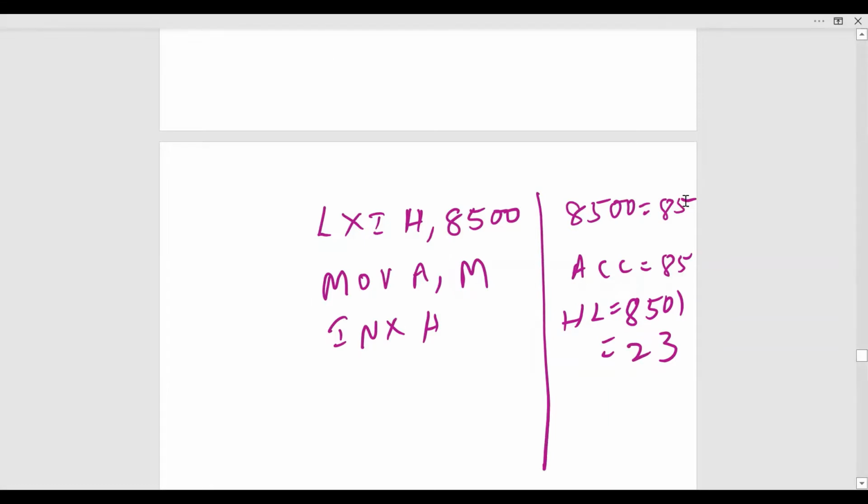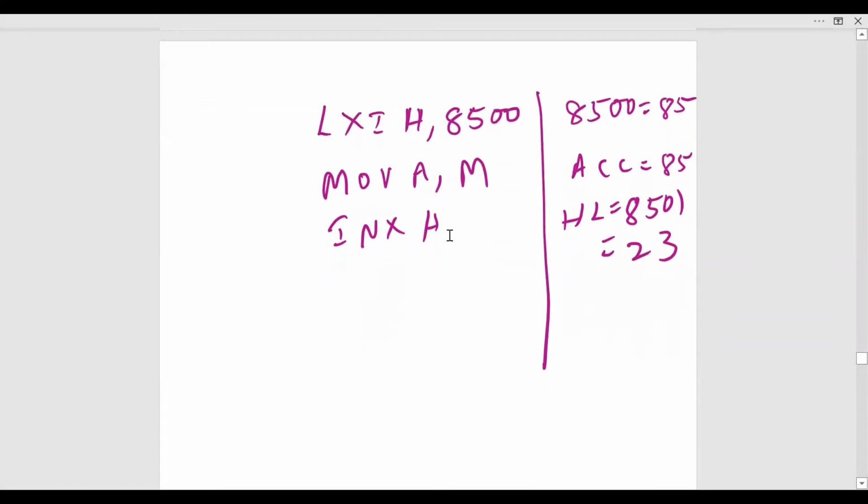Now the first number is in the accumulator, and the second number is in the memory pointed to by the HL pair. Now we have to perform the subtraction. There is an instruction called SUB M. SUB M subtracts the contents of a memory location from the contents of the accumulator and stores the result in the accumulator.